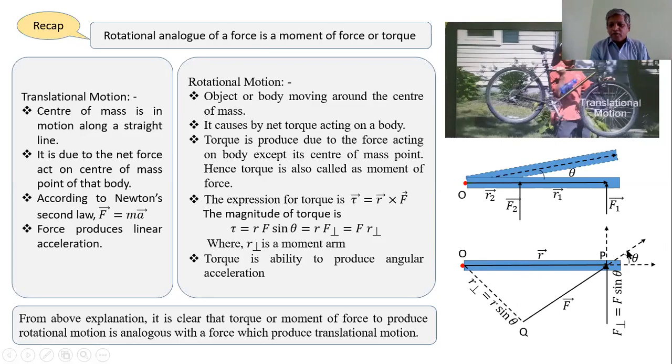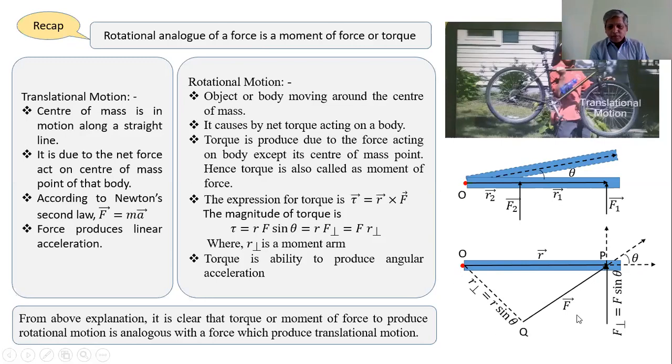This is the expression for the torque. The magnitude of the torque is tau equal to r F sine theta, where theta is the smaller angle between vector r and vector F.